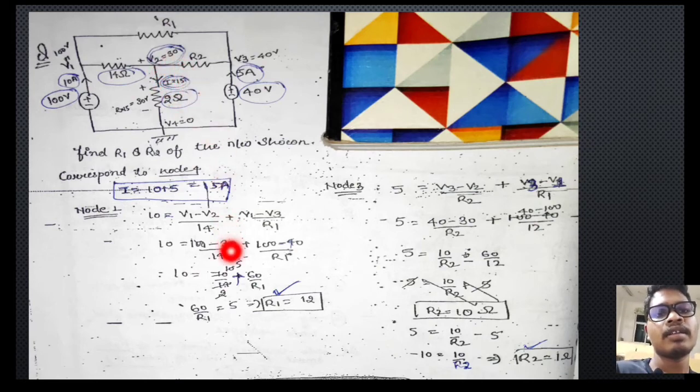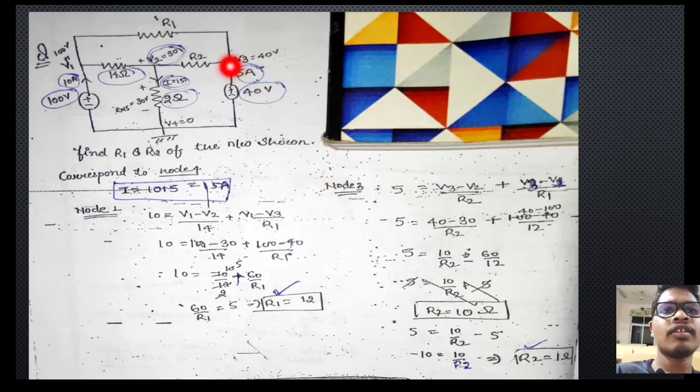So this is 30 volt divided by 14 minus V1, that is 100, and V3 is also given, that is 40 volt, divided by R1. Only one unknown quantity is left, so it is very simple to calculate. So R1 is equal to 12 ohm.